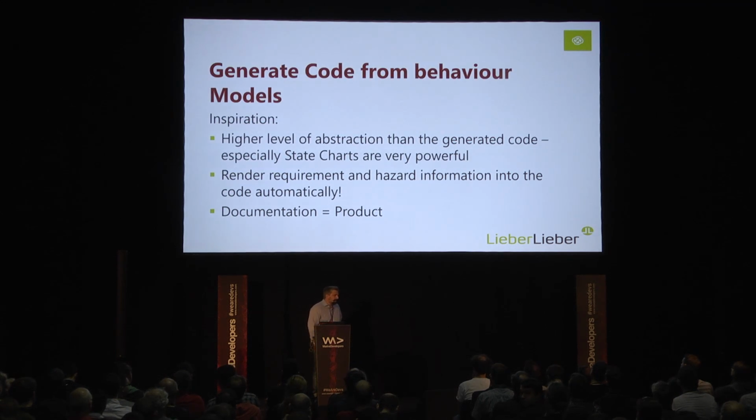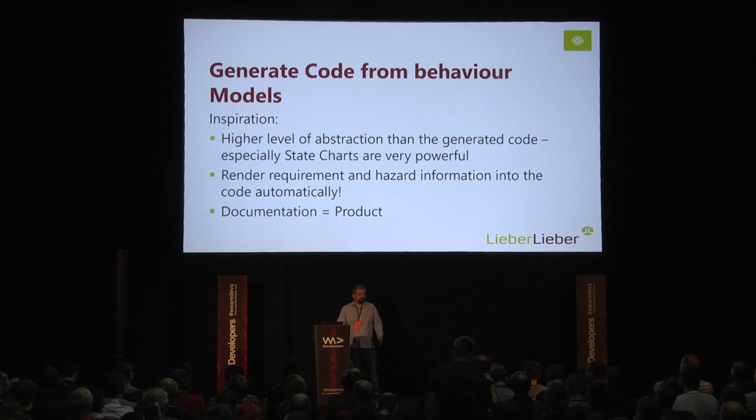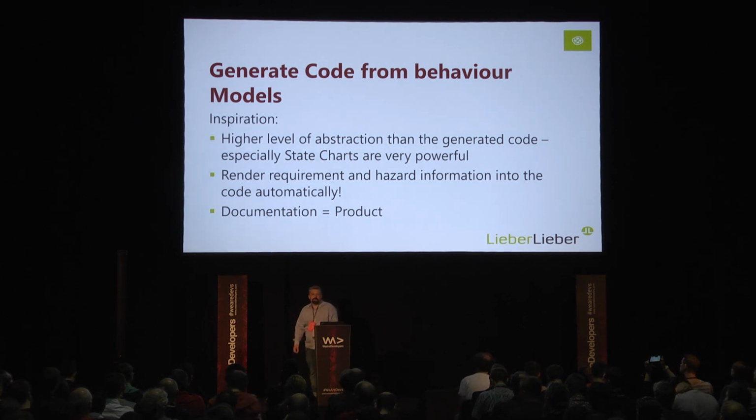What are the inspirations for code generation? One is missing, that is to protect your assets from platform-specific implementations. Or that if you generate code, you can make sure that people stick to the patterns and you have a nice architecture all the way.